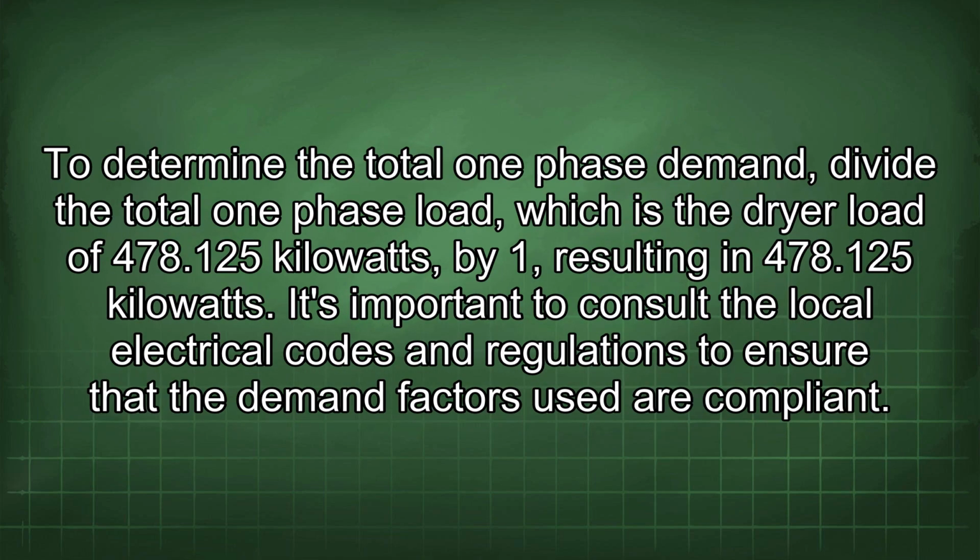To determine the total one-phase demand, divide the total one-phase load, which is the dryer load of 478.125 kilowatts, by 1, resulting in 478.125 kilowatts.